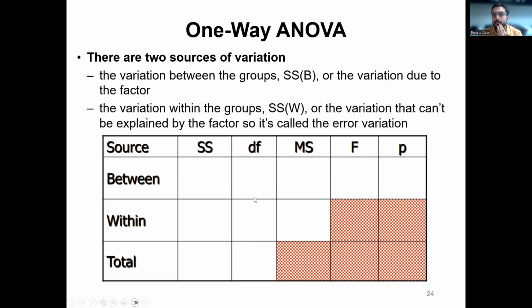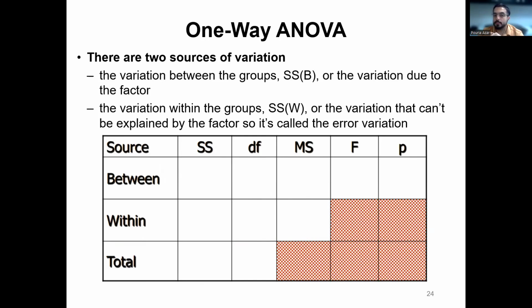So we can create another table. So here we are trying to conduct ANOVA by hand instead of using SPSS. So we have between, within, and total. So we have two sources of variation. We have the variation between the groups or the variation due to the factor.